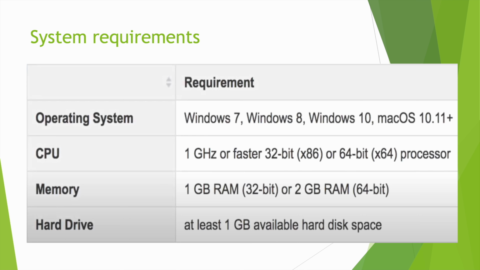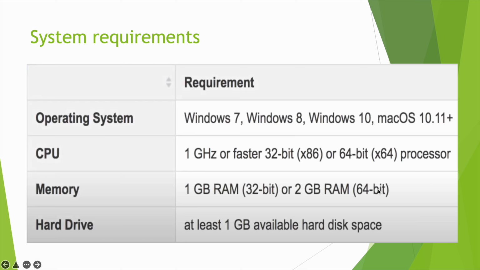Okay, and in terms of CPU, you need a minimum of 1 gigahertz and memory of 1 GB RAM for 32-bit, and for a 64-bit processor, you will need a minimum of 2 GB RAM.